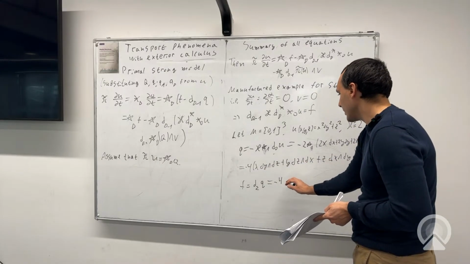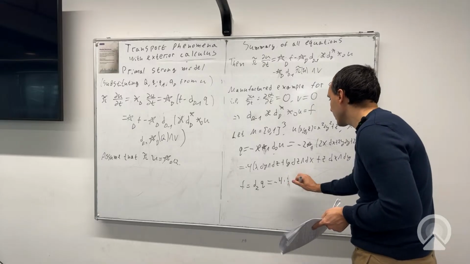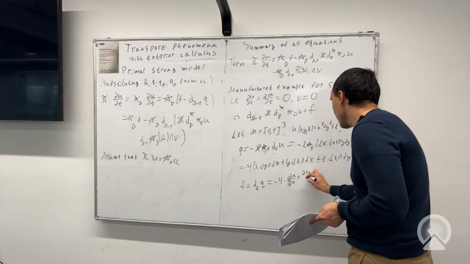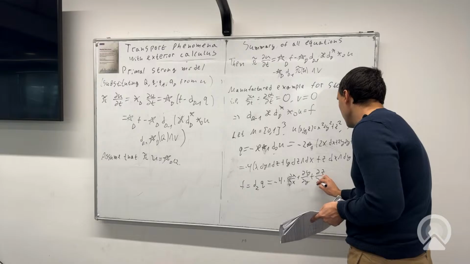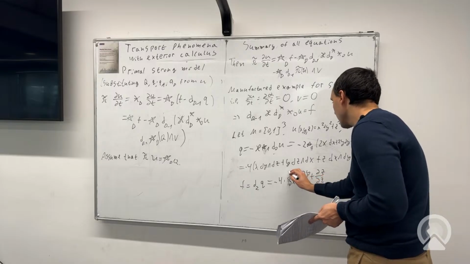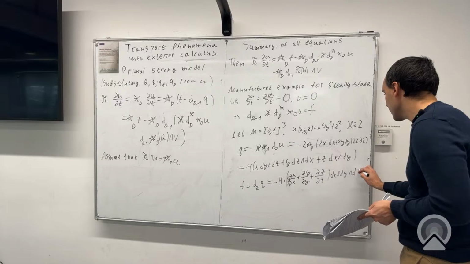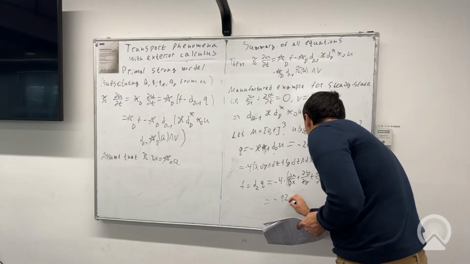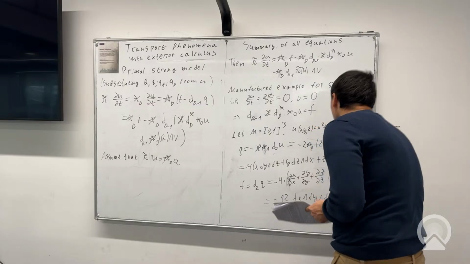So this will be minus 4 times 3, so this will be dx plus dy plus dz wedge dx dy dz, and this is minus 12 times dx dy dz.